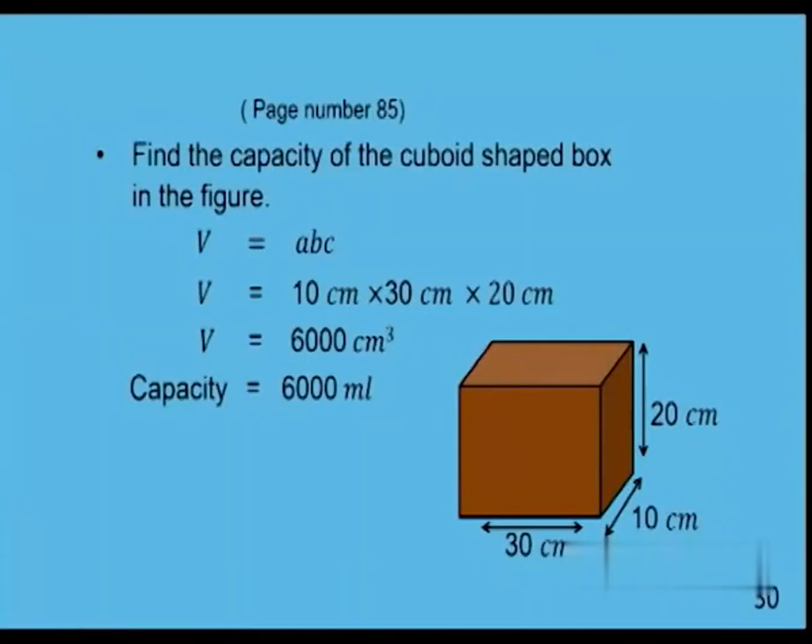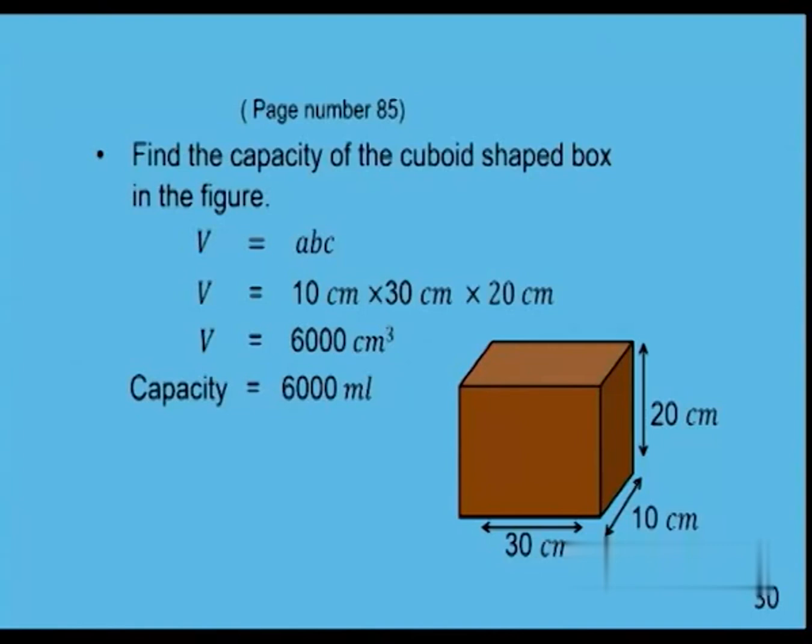Now children, I want to convert this measuring unit into liters. So how do I convert this one? You already know, remember the first relationship, 1 cubic centimeter is equal to 1 milliliter. Then you can write this volume as V equals 6000 cubic centimeters, which is equal to 6000 milliliters also.